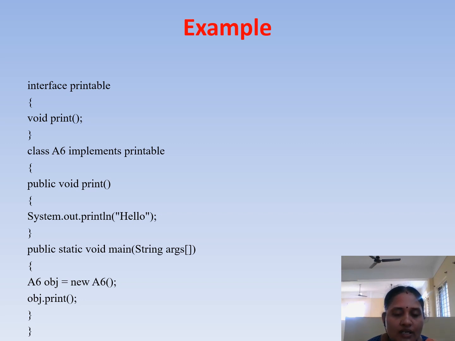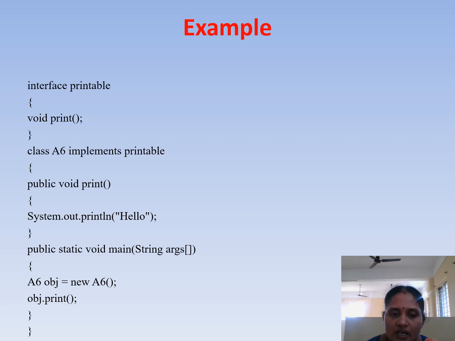Coming to the class A6, A6 is the class name, and then implements Printable. The definition of the interface methods is available inside the class. So public void print, and inside that we print one message, that is hello. Next, coming to the main function, we create an object for the class.